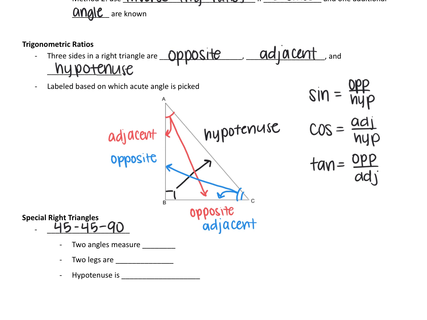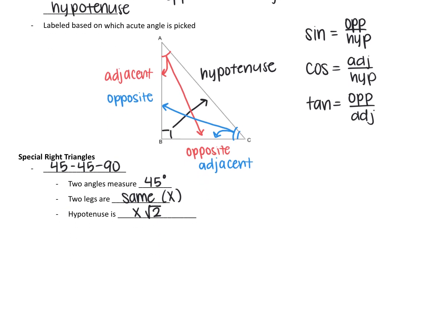In this case, you have two angles that measure 45 degrees, and you have two legs that are the same, which we usually use the letter x to denote. And the two legs are the two sides that are not the hypotenuse. The hypotenuse is the value of x times the square root of 2.